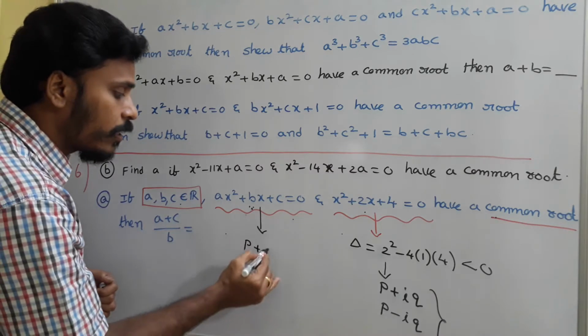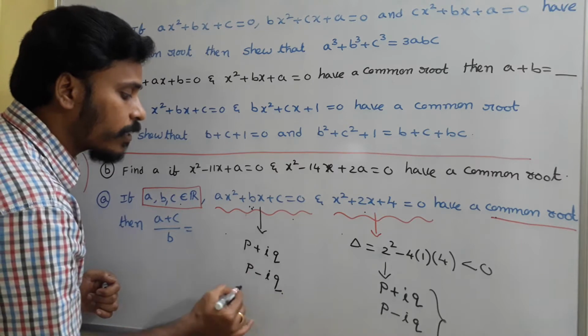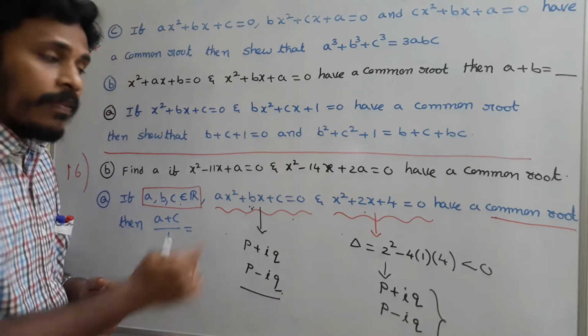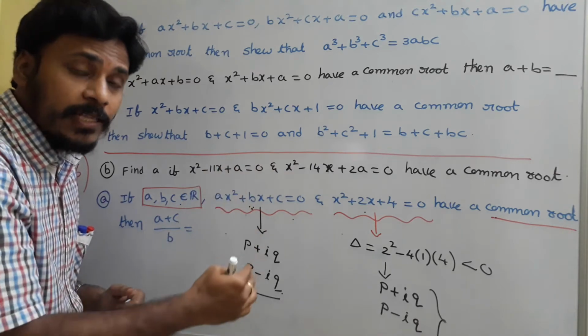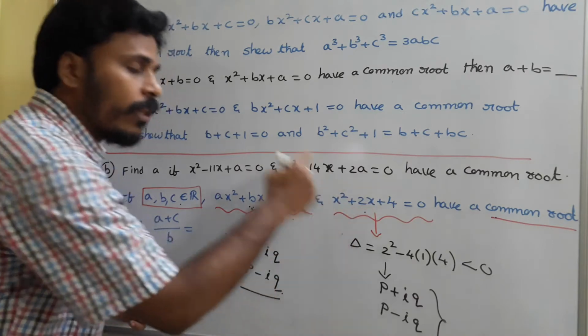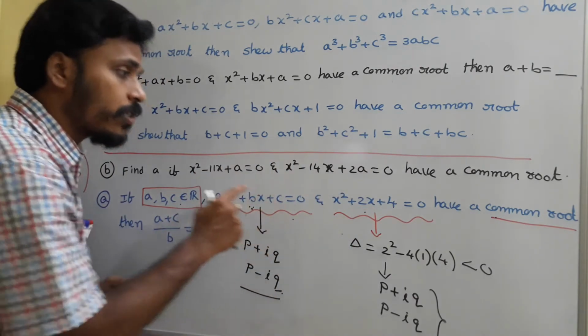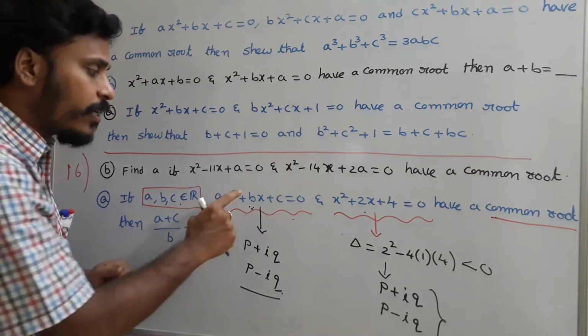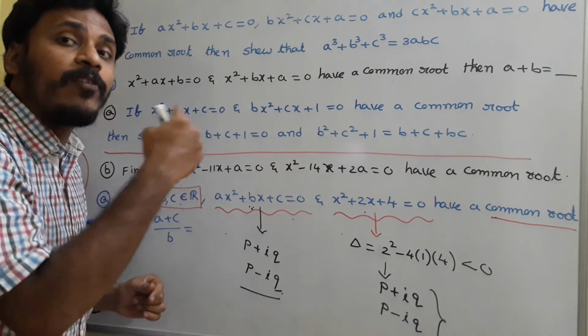That's why the first equation also has roots of the form p plus iq and p minus iq. The question says they have only one common root, but when you analyze, these two equations have two common roots, because the roots of the second equation are conjugates and the coefficients of the first equation are real.